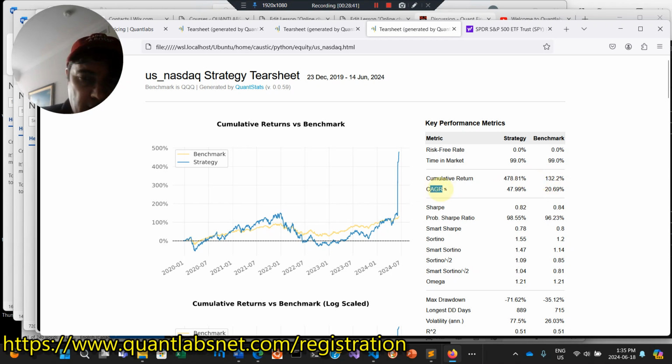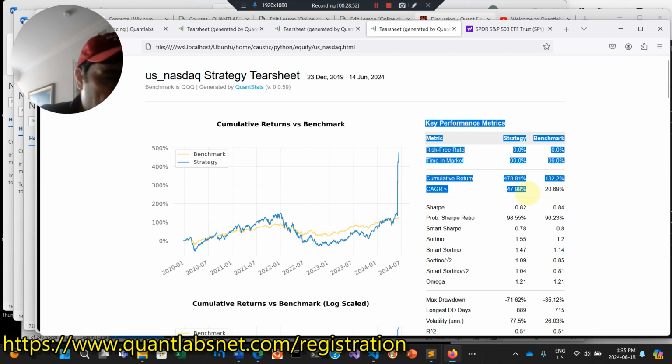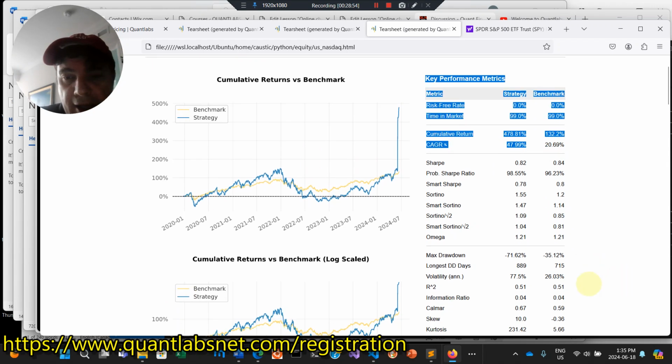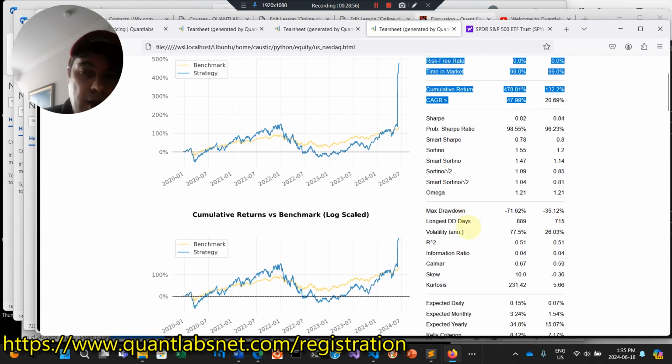Here we spit out the compounded annual growth rate, and you can see that these particular ETFs have pretty well more than doubled the benchmark of QQQ. Sortino I would probably pay more attention to than Sharpe, because Sortino also includes volatility and smooths it out, so you'll get more of a logarithmic pattern.